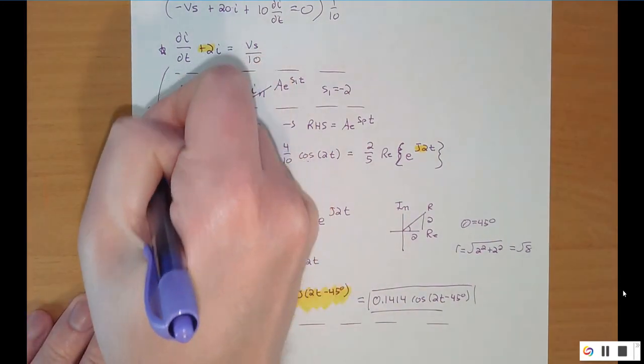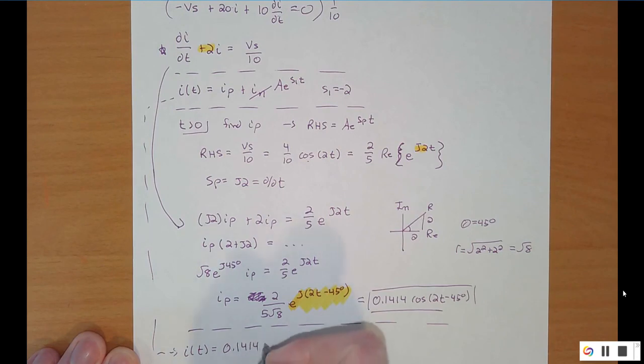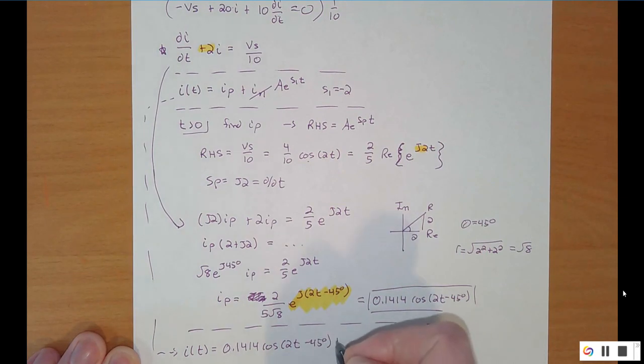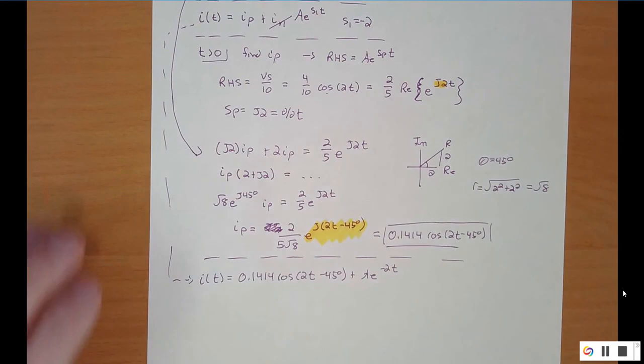So if I bring this thing back down, I now have that I of t is equal to 0.1414 cosine 2t minus 45 degrees plus A e to the s, which is negative 2t.